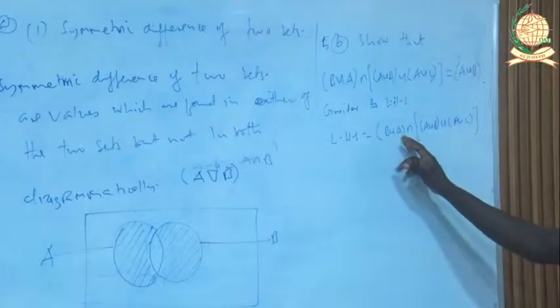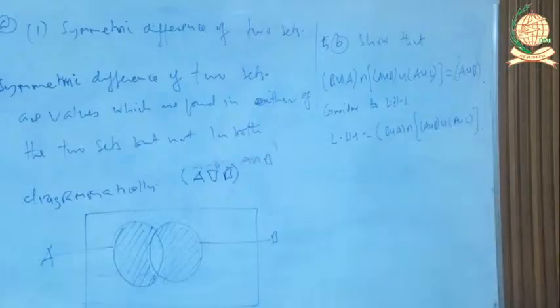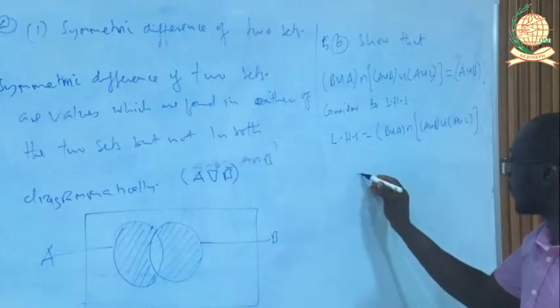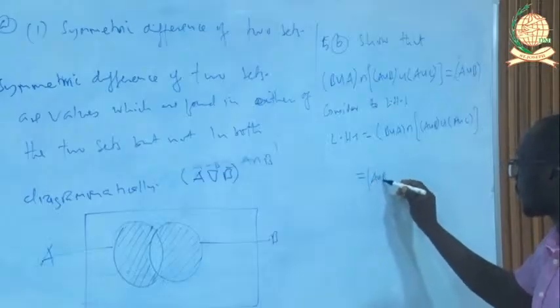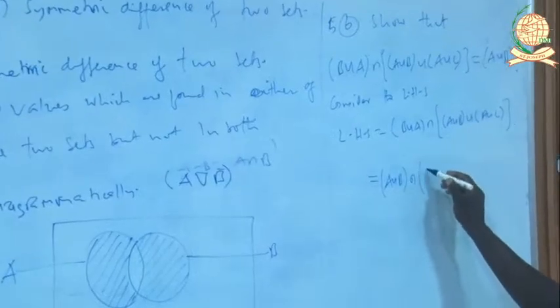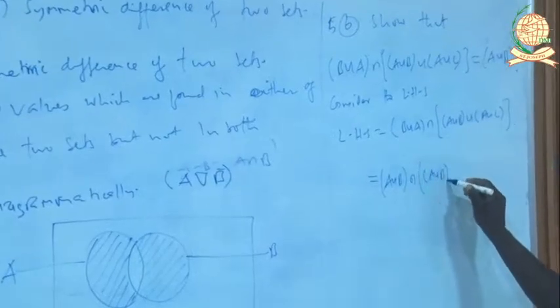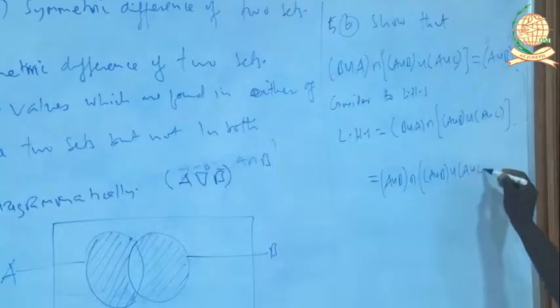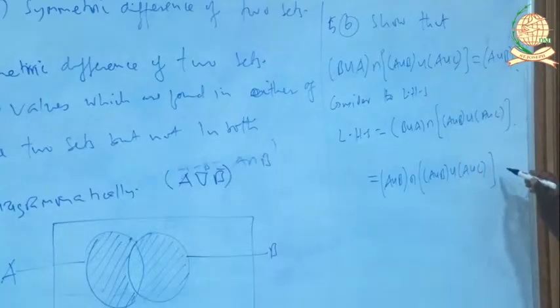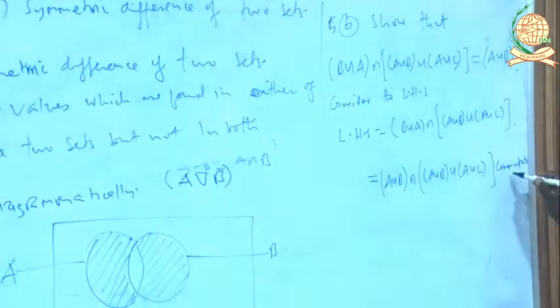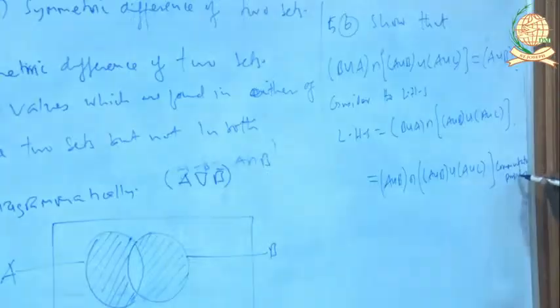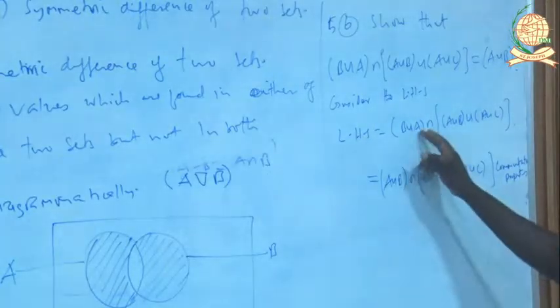So B union A could be A union B. You do this by the commutative property, because you have interchanged just the position of the sets.